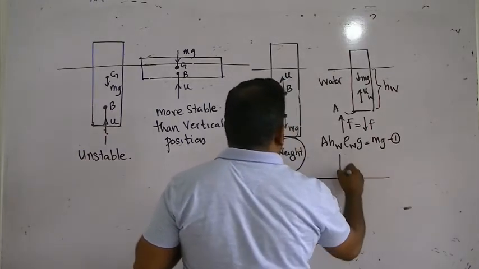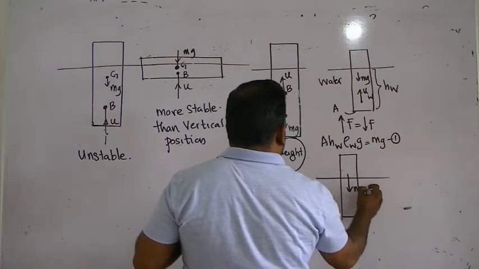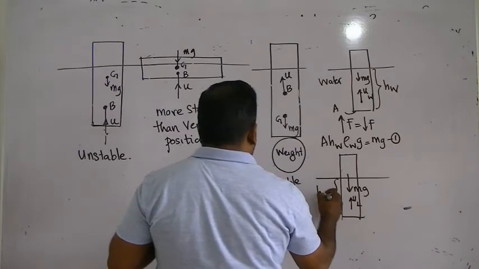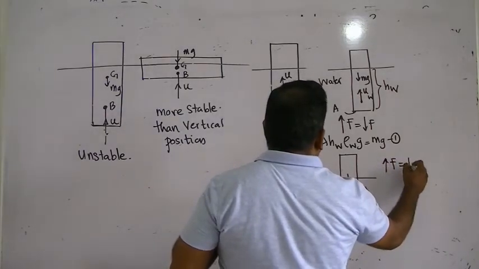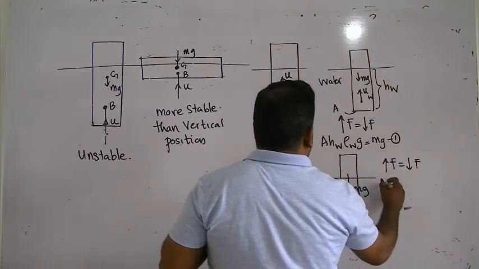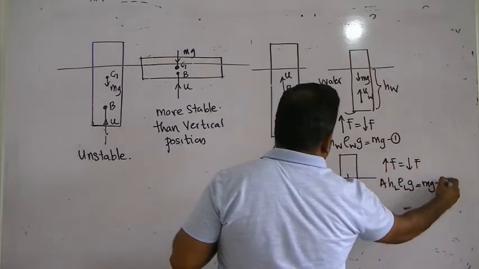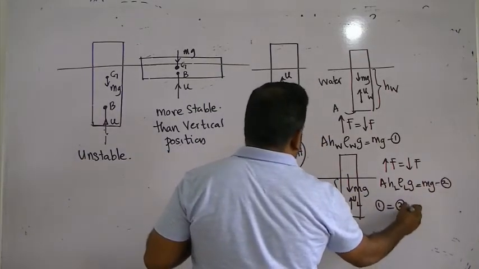Then we make the same mass float in a liquid, submerged to a height H_L. Upward forces balance downward forces: A H_L rho_L g is equal to mg. Equation number 2. What can you say about equations 1 and 2? They are equal.